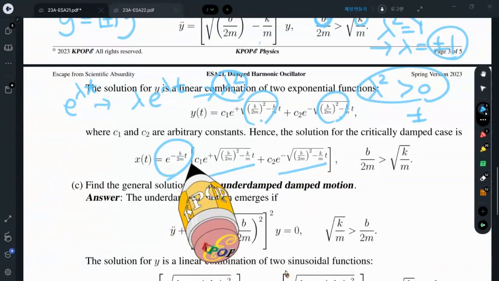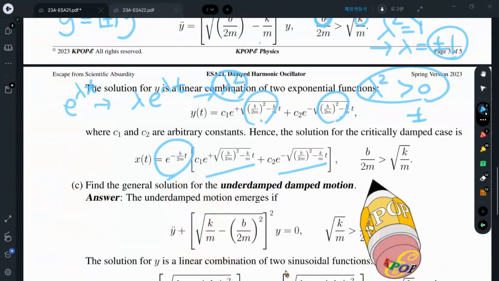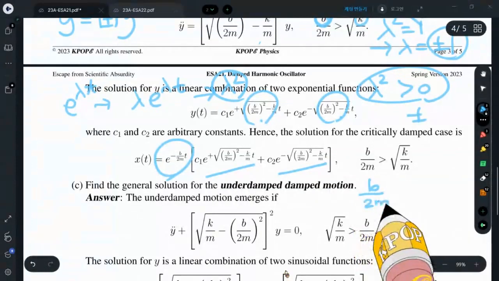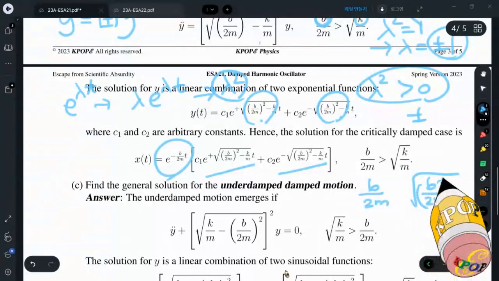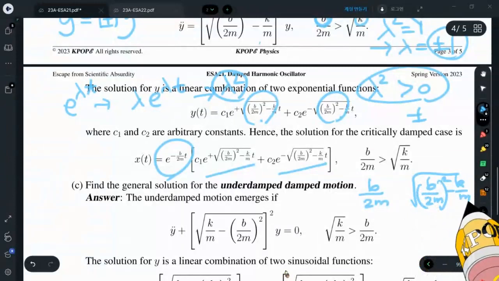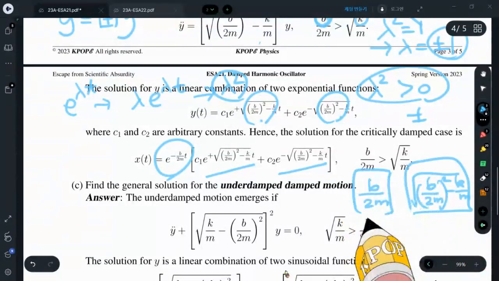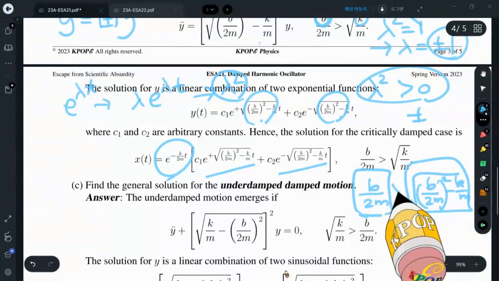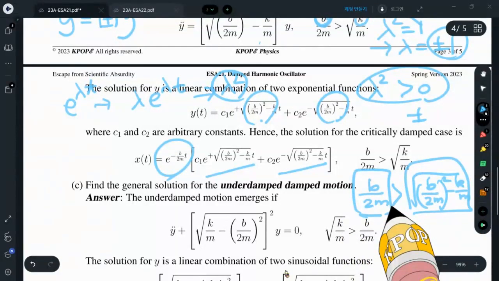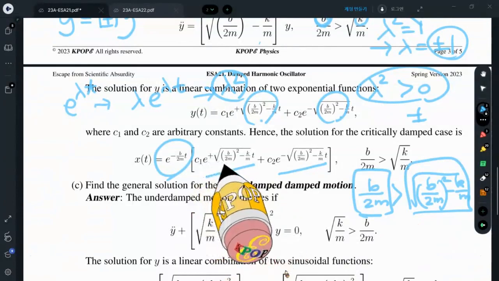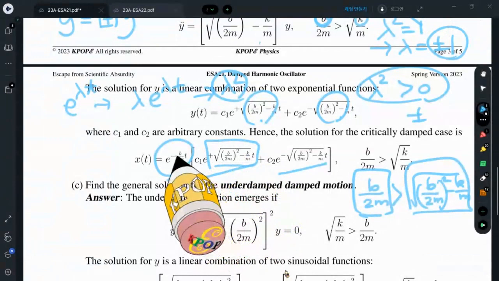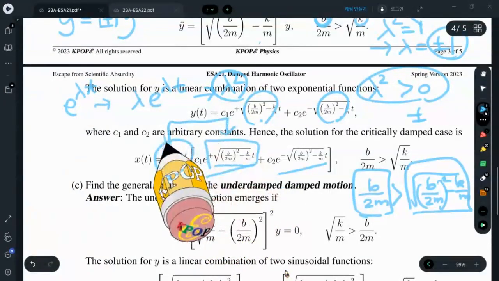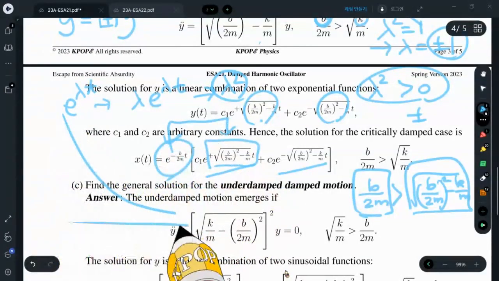However, let's see what's bigger, b over 2m, or the square root of b over 2m squared subtracted by k over m. What's bigger? Positive, positive. This one is bigger. Therefore, even if there is a positive exponential contribution, the multiplication of these two factors still decays as t goes to infinity.